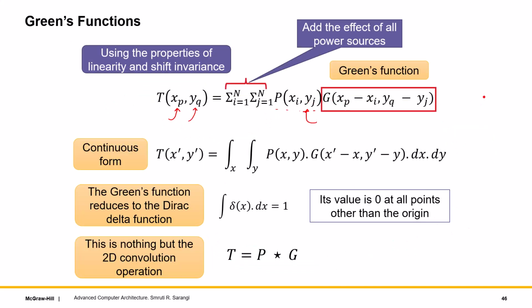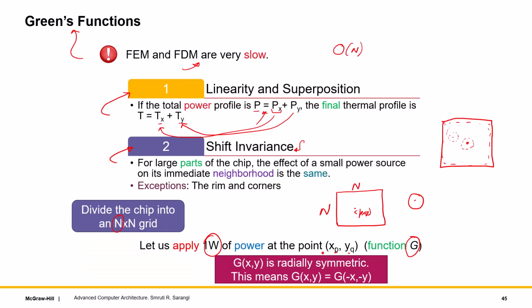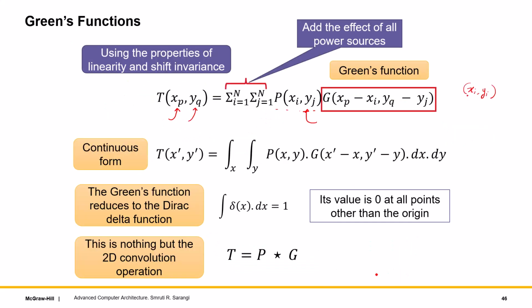So given the power source xi and yj, and given the fact that this relation is true, which follows from the fact that this function is symmetric, I can say that the effect of this power source at this point, which is my point of evaluation, is nothing but a function of the distance between them, the x distance and the y distance.